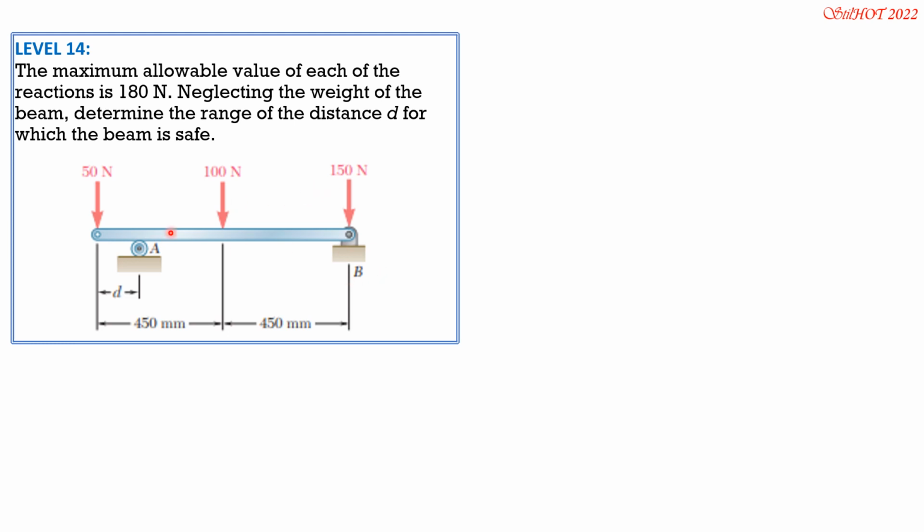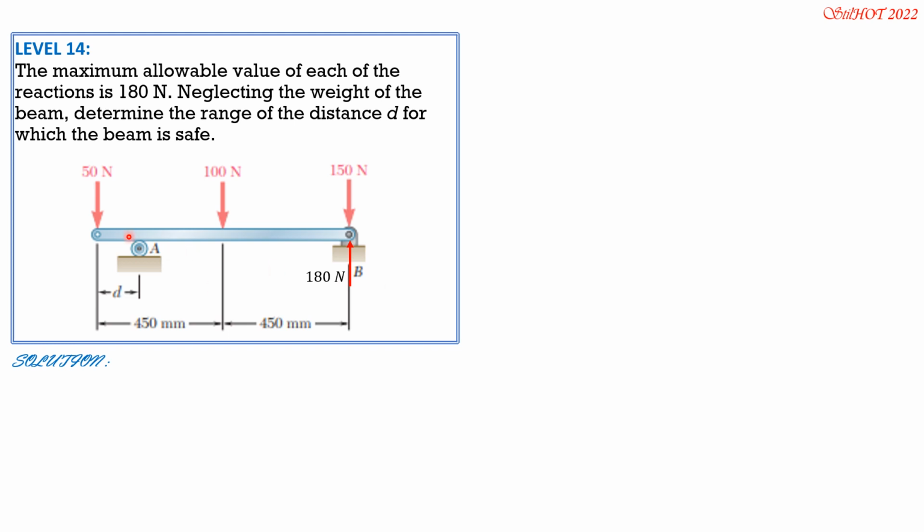So if this is 180, because 50 is closer to A, then 250 plus this is 300, so that means RA is 120 only and RB is 180 for minimum d. So this should be 180 and RA should be only 120.